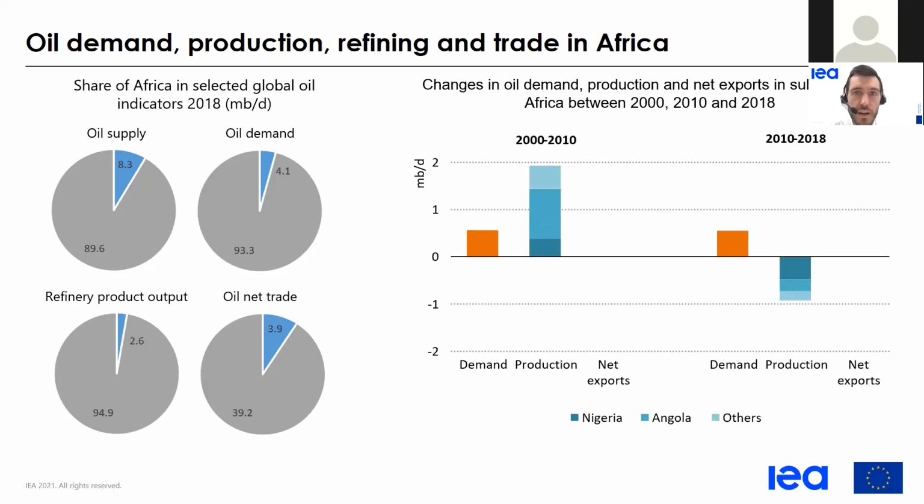In the first decade of the century, the production in Africa increased a lot, and we can see the contribution of Nigeria, Angola, and others. But in the last decade, this production decreased, and with increasing demand, the result is that net exports, which were increasing between 2000 and 2010, have been decreasing in the more recent decade.